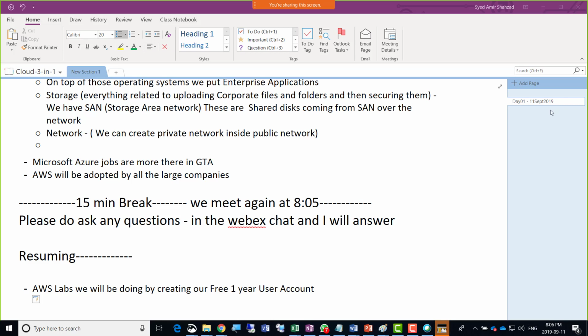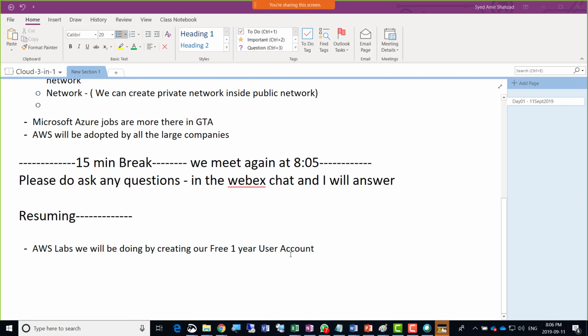Okay, good. So guys, here what we're talking about, AWS Lab we will be doing by creating our free 1-year user account. Azure Lab we will be doing when I ask you to create an account, only then create an account. Do not create an account before that. Why? AWS is generous, Azure is not generous.